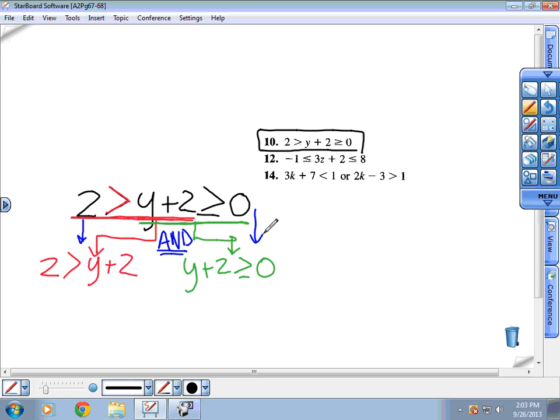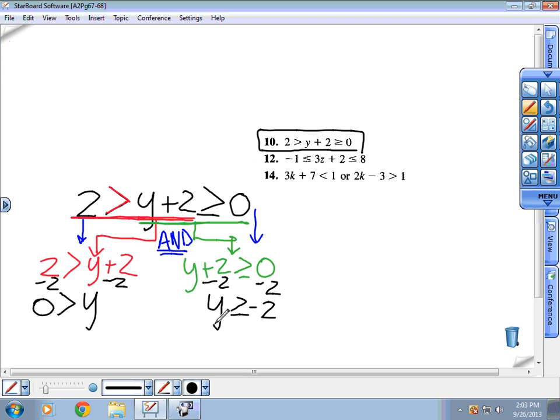So I'm going to subtract 2 from both sides, and I get 0 greater than y. So I have one piece of my and conjunction. Over here I'm going to subtract 2 from both sides, and I get y is greater than or equal to -2.